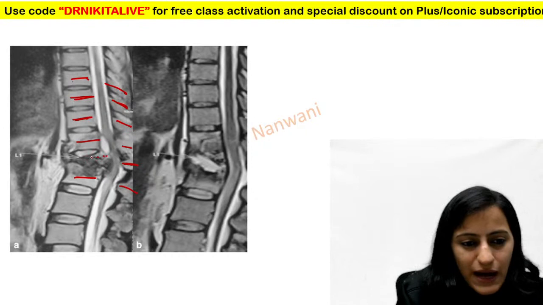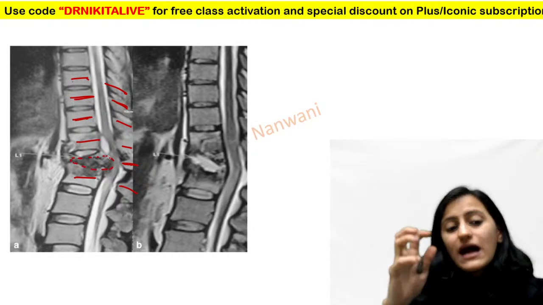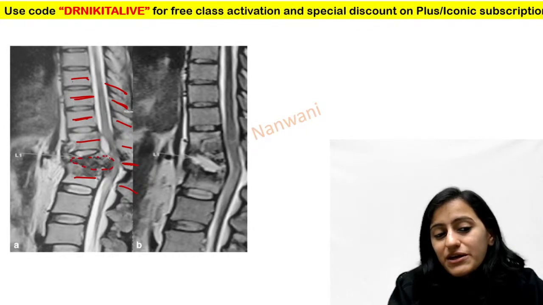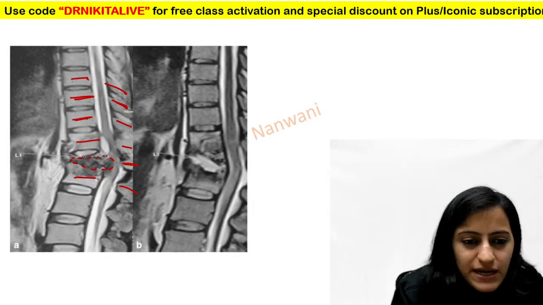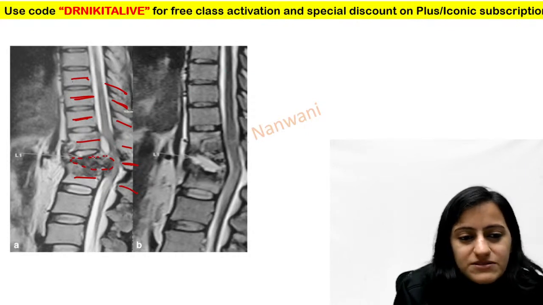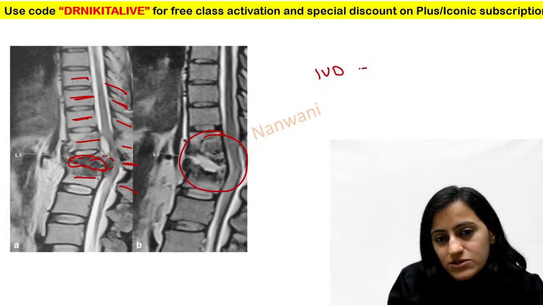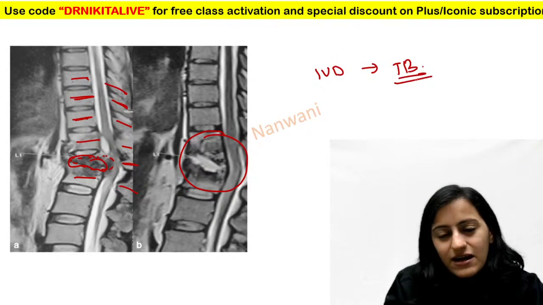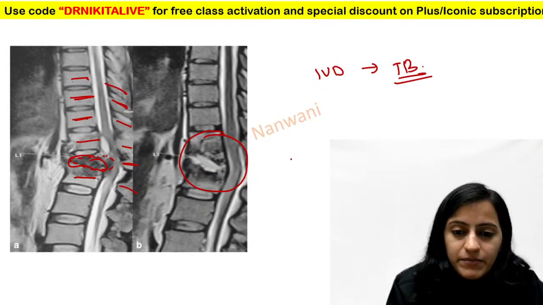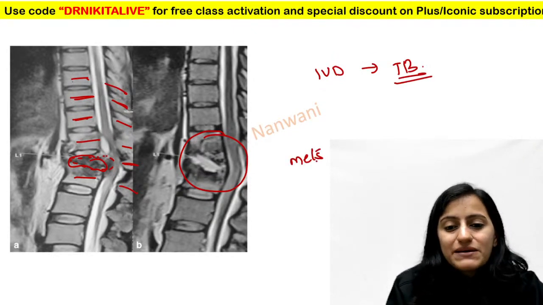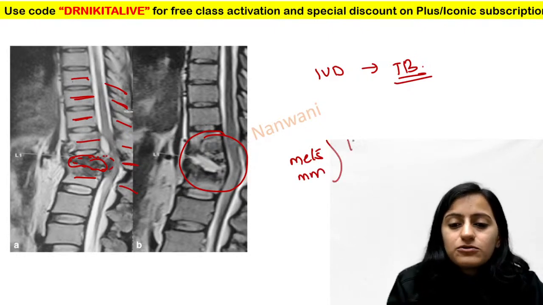That means there is one vertebra here which is collapsed, significantly collapsed. We are not seeing the vertebra. So you can see that the vertebra is collapsed, the intervertebral disc is gone. Whenever you see this intervertebral disc gone, always think of, at least in our country, start thinking of TB. Because in other pathologies like metastasis, multiple myeloma, the intervertebral disc is normal.